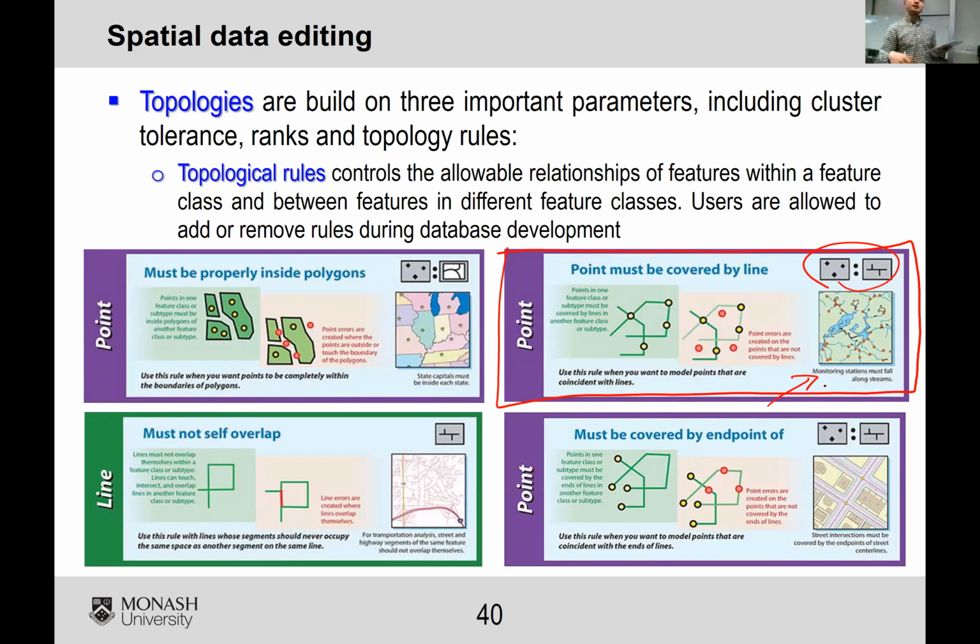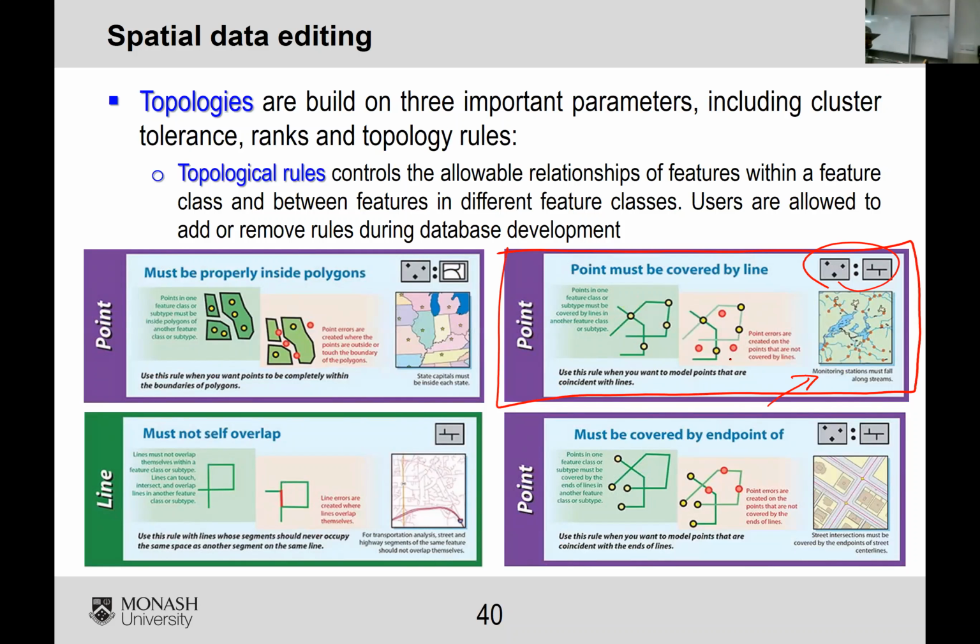Based on the common sense or the context of this problem, we know that these stations should locate along the river, right? So if we have a point representing the station that is not on the line representing the river, then that's an error. So we can use this kind of topological rules to identify errors.